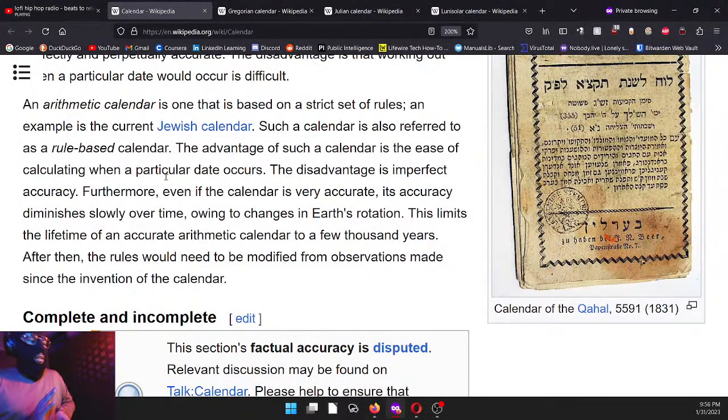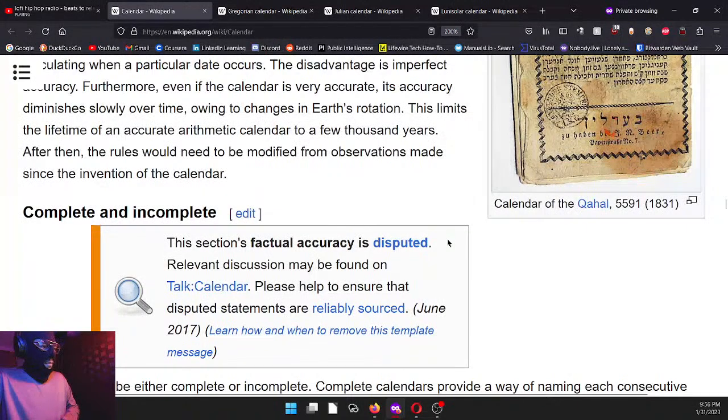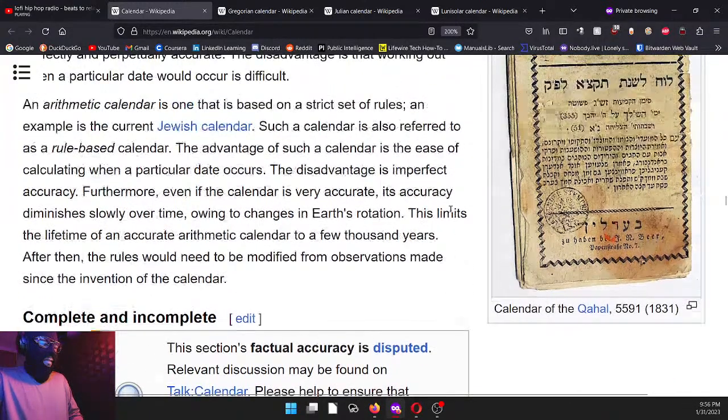The disadvantage is imperfect accuracy. Furthermore, even if the calendar is very accurate, its accuracy diminishes slowly over time, due to changes in the Earth's rotation. The rules would need to be modified from observations made since the invention of the calendar. There's a revision, a patch update on all of this.